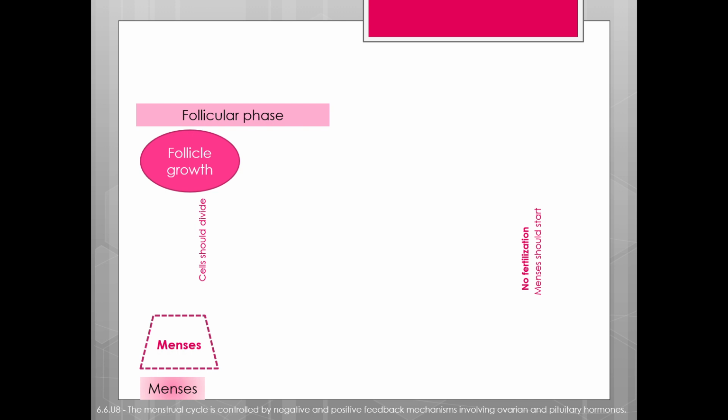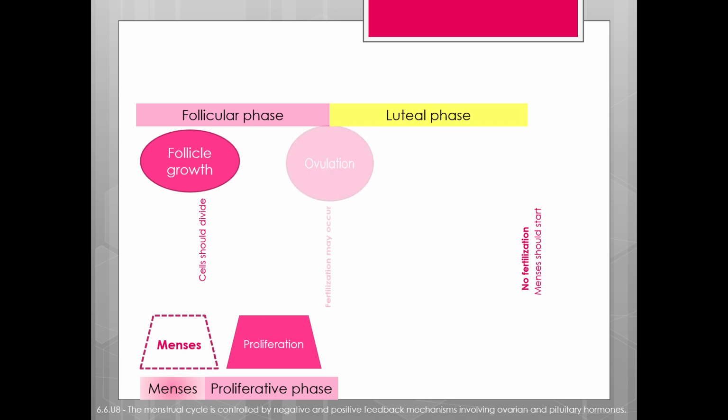So please, uterus, start preparing for that. Such a signal triggers the proliferative phase in the uterus, and the uterus starts generating new layers of cells. At the same time, our follicle keeps growing.